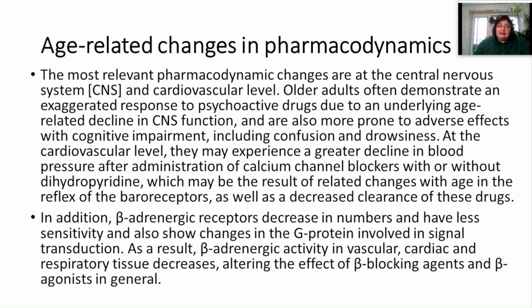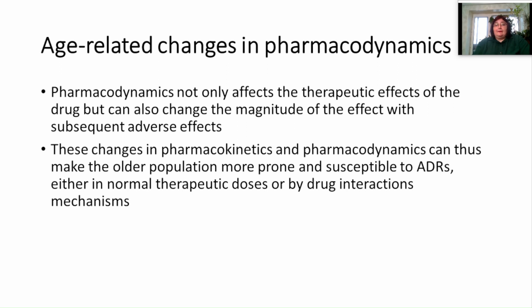In addition, beta-adrenergic receptors decrease in number and have less sensitivity, and also show changes in the G protein involved in signal transduction. As a result, beta-adrenergic activity in vascular, cardiac and respiratory tissue decreases, altering the effect of beta-blocking agents and beta-agonists in general.